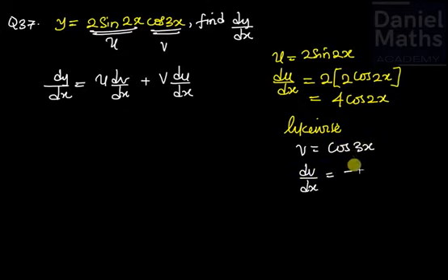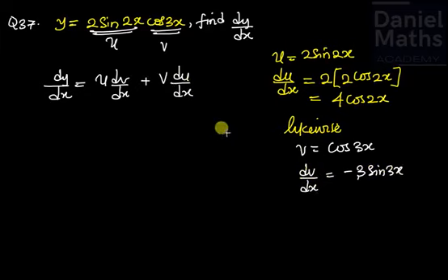So if you differentiate cos 3x, you have minus 3 sine 3x. So this is what we have, minus 3 sine 3x. We'll take all of this back to substitute into this.